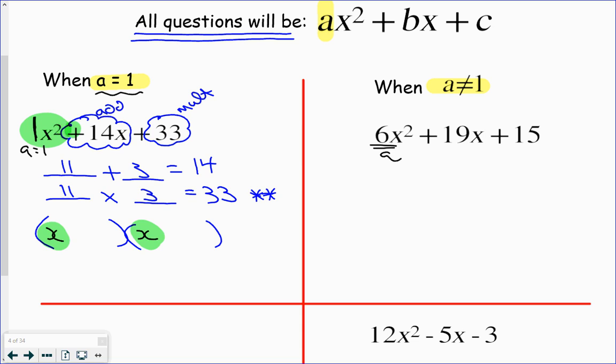And then all you have to do is bring down the plus 11, bring down the plus 3. That's it. Now, if one of you wrote x plus 3, x plus 11, and somebody else wrote x plus 11, x plus 3, you're both right. The order of the brackets doesn't matter. It's just what is inside them that counts.